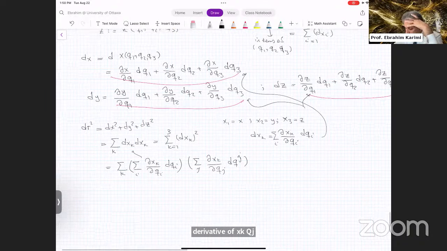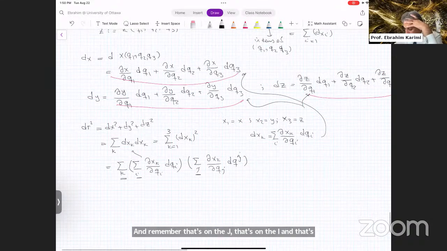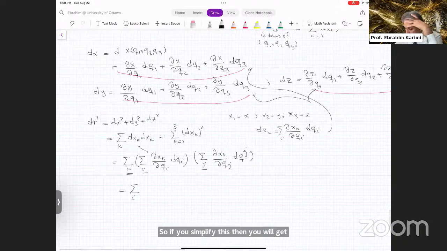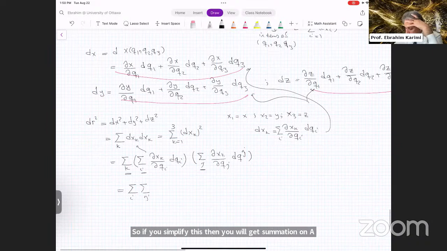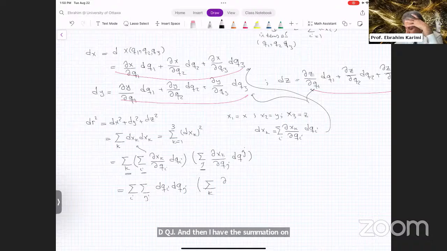And remember, that's a sum over j, that's a sum over i, and that's a summation over k. So if you simplify this, you will get the summation over i, summation over j, then I have dq_i, dq_j, and then the summation over k of the partial derivative of x_k with respect to q_i, times the partial derivative of x_k with respect to q_j.